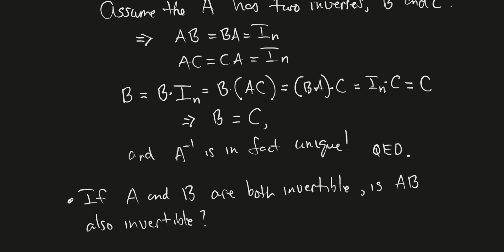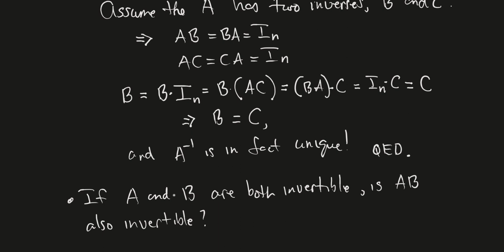Another way to ask this question is: is the product of two invertible matrices another invertible matrix? And it turns out it's yes. Not only will we be able to prove that the product is invertible, but we'll actually have a formula for the inverse of this product in terms of these two.